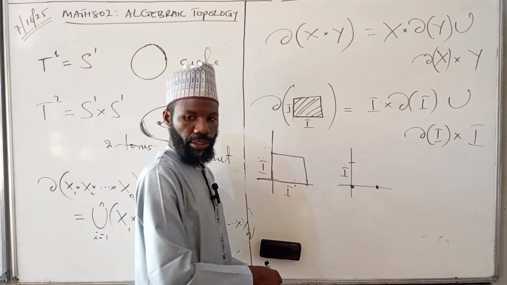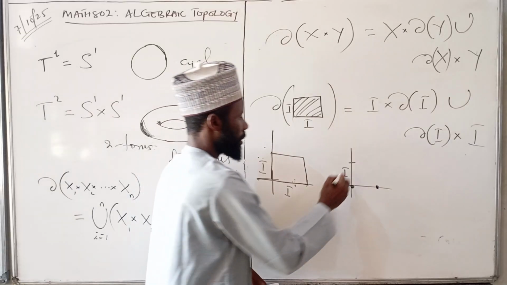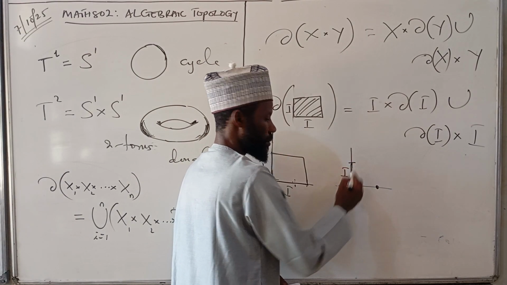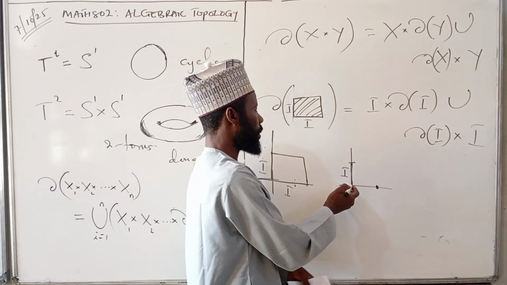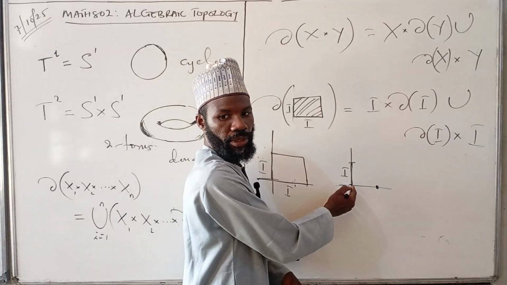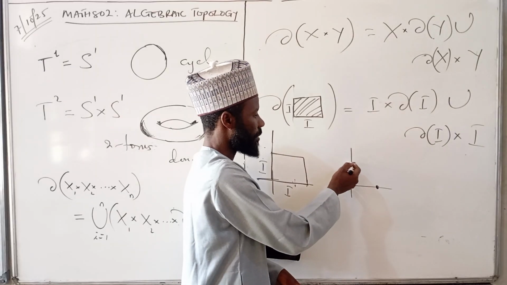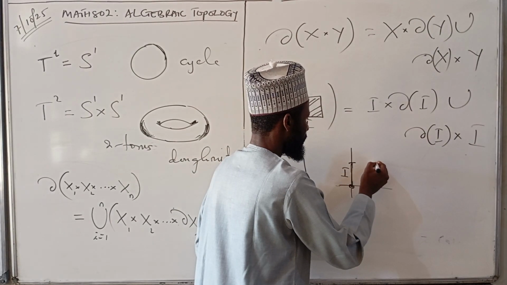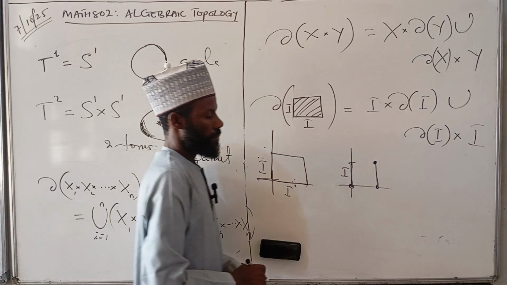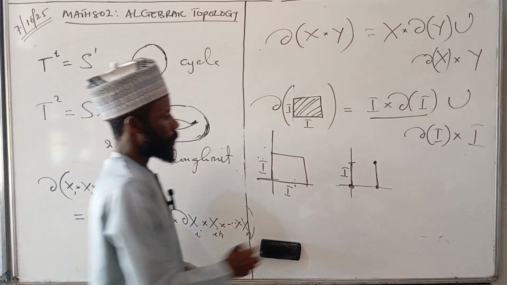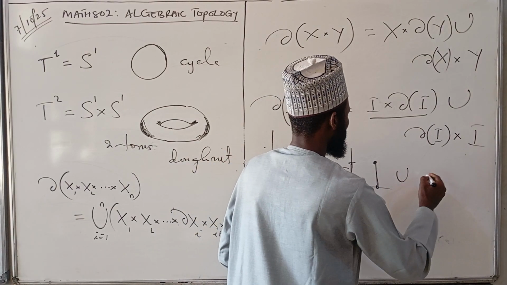But if you cross this, what do you get? You get this line. That is the set of all ordered pairs whose second entry is 0 and second entry is 1, while the first entry is from this I. And then this will be this first factor. Union, what?